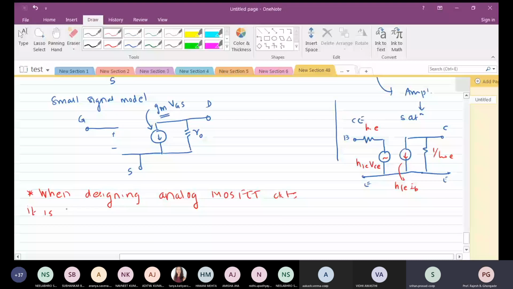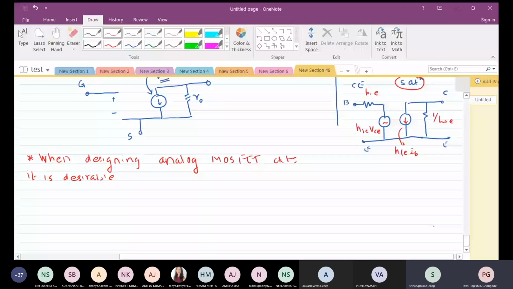What is desirable? Where should the operation of this device lie? As I said, it should be in saturation. So I must make sure that the device is in saturation.